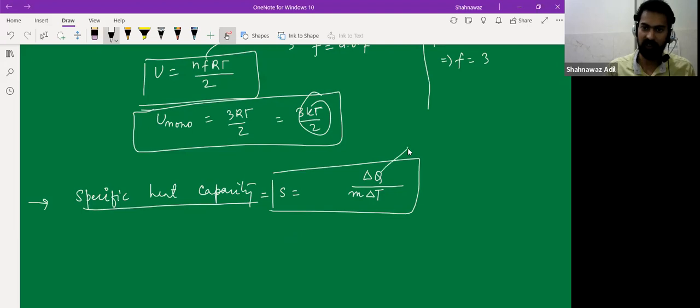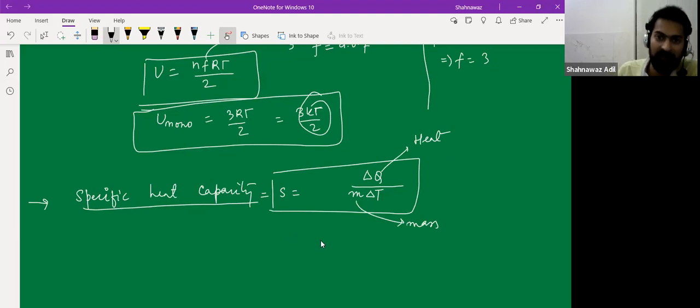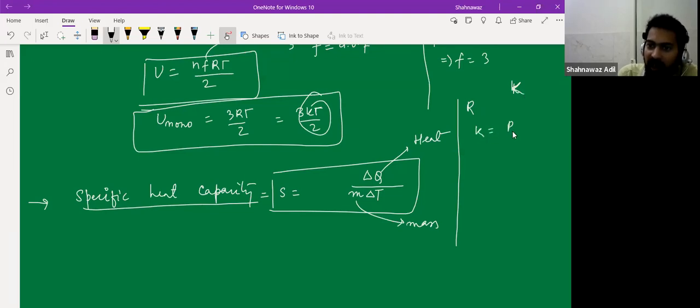So this is the heat, this is the mass, and this is the temperature. Right, guys? Yes, sir. Okay. So your gas constant is related to the Boltzmann constant, right? K is R by Avogadro number.